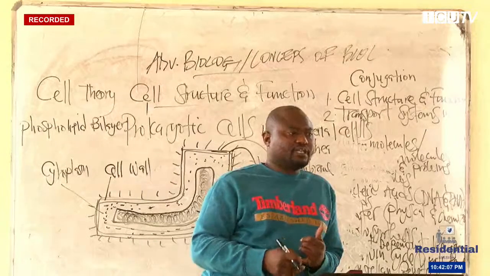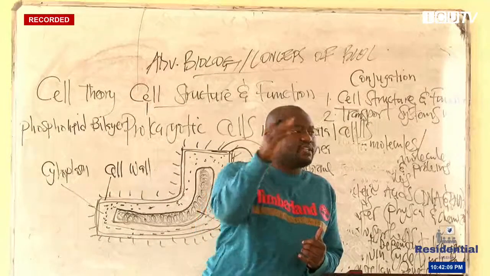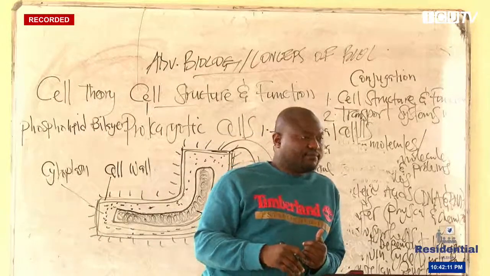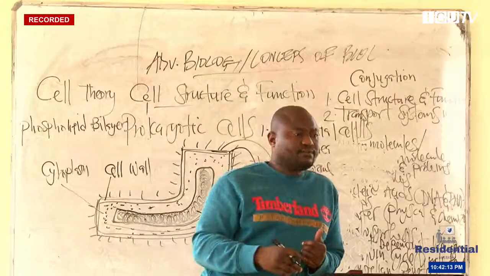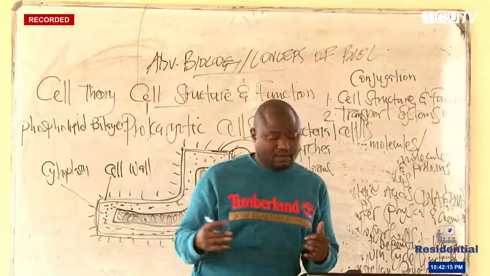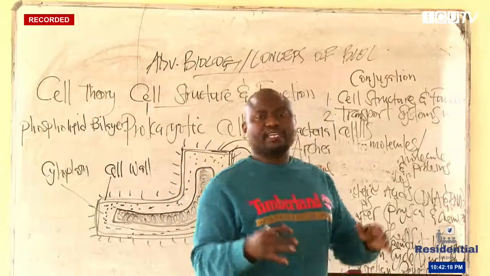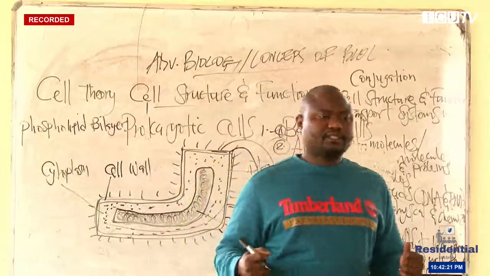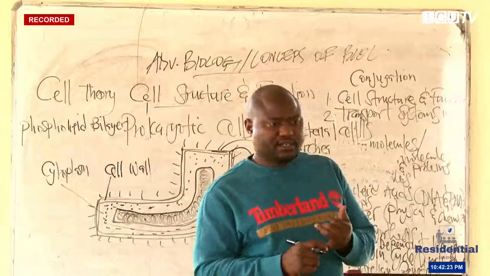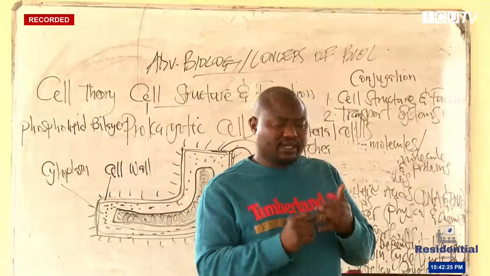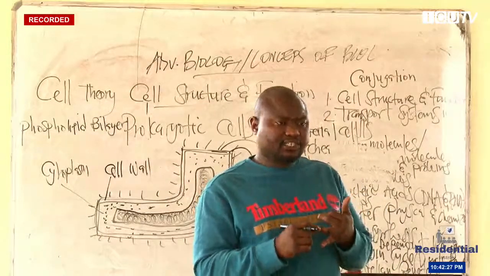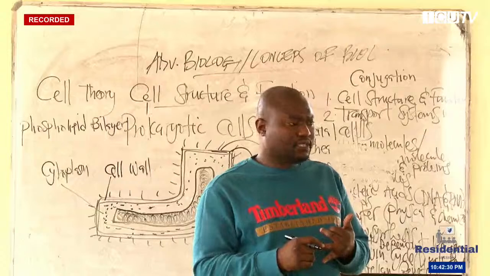Number one, the cell wall protects the interior of the cell, just like the plasma membrane, from the extracellular environment, or rather the outside environment of the cell. Okay, that is number one. Number two, the cell wall maintains the shape of the cell.